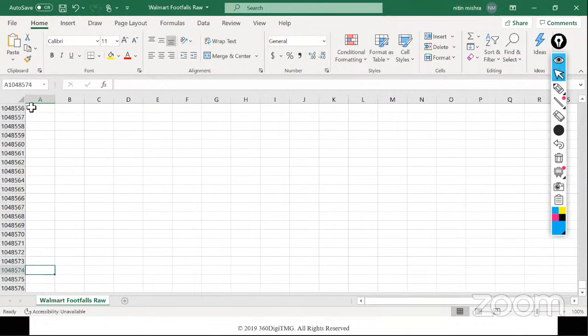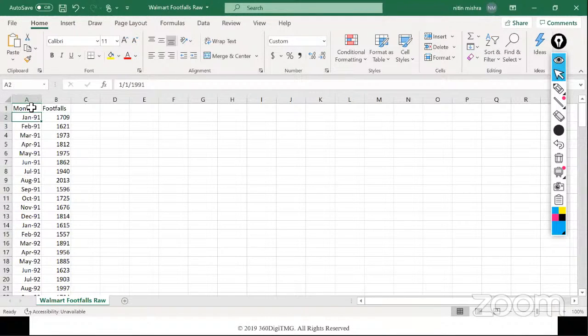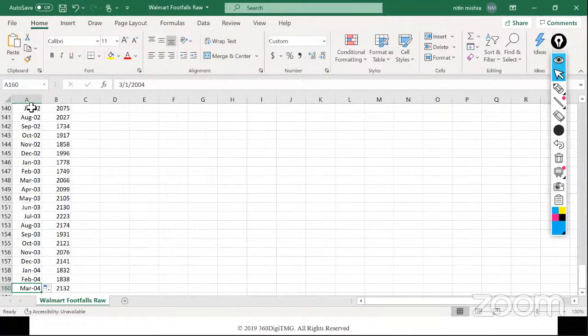So Jan 1991 to March 2004. I remember mentioning that. I don't know if it is April or March, but yes, we have data till March 2004. So assume that we are today on 1st April 2004, and therefore we have data till yesterday, which was the 31st March 2004, and then we need to go ahead and collect the remaining things.